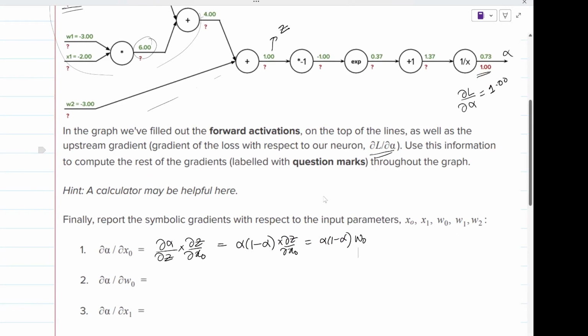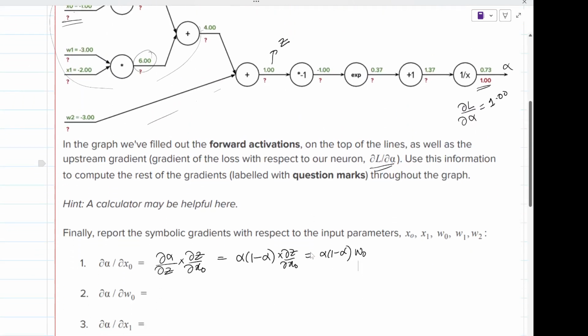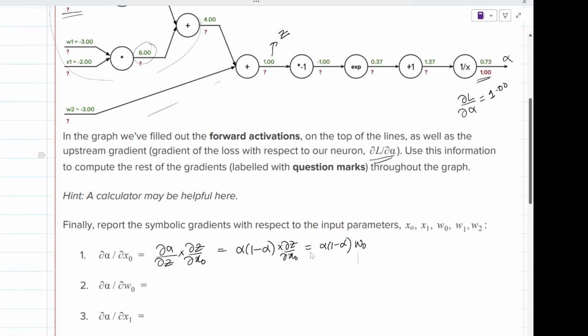With this alpha you can expand, because alpha is equal to sigma of x naught w naught plus x1 w1 plus w2. If you substitute here, you get it in terms of the parameters.